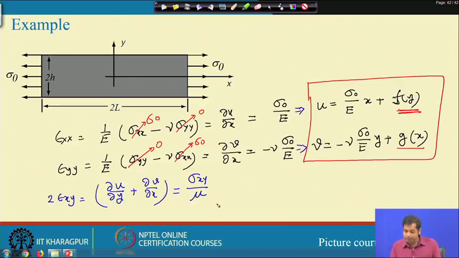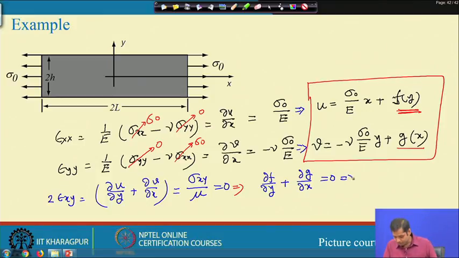Now, sigma xy is equal to 0, as we have seen for this case, so this becomes 0. If I substitute u and v from these expressions, the del u del y part of the first term will be 0, so this becomes essentially del f del y plus del g del x equal to 0.